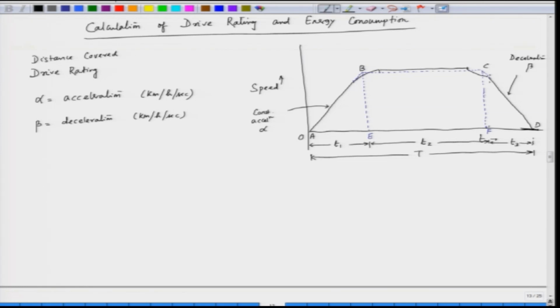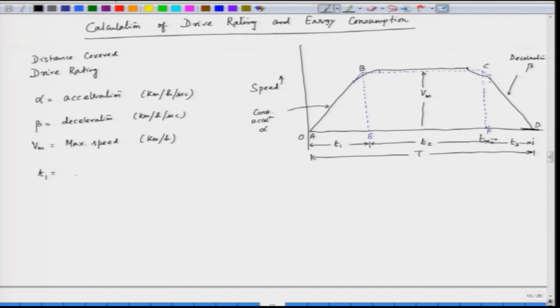What is this angle? This is the acceleration. So, what is T1? We have the maximum velocity here which is Vm, the maximum speed, given in kilometer per hour.